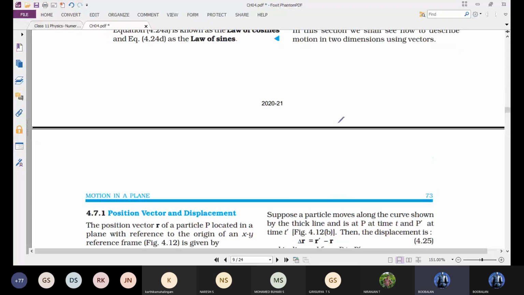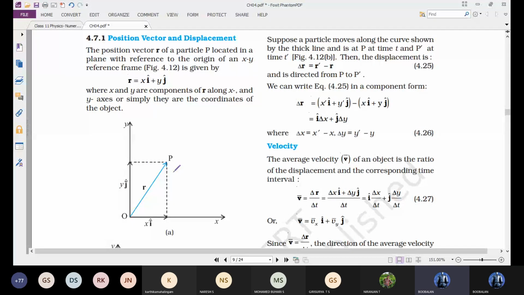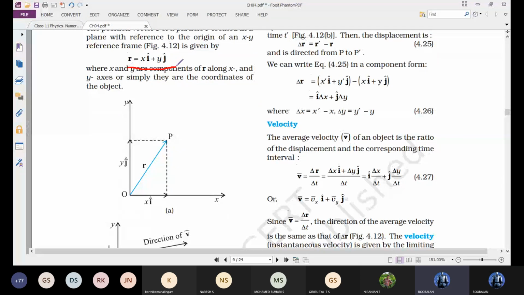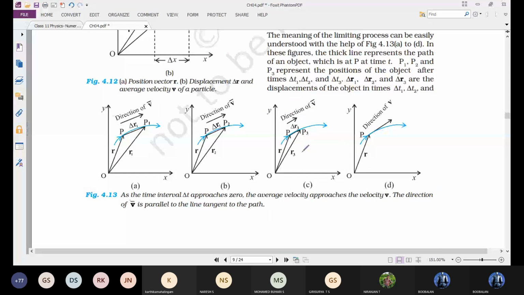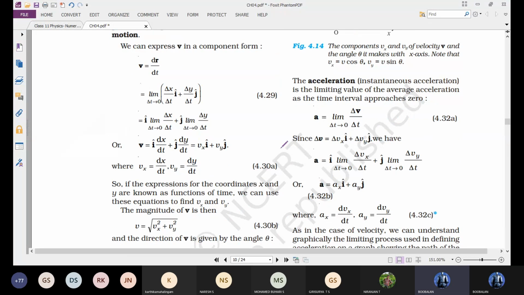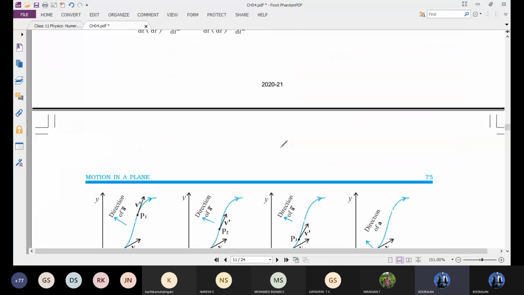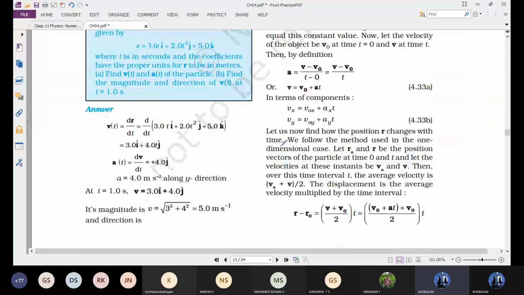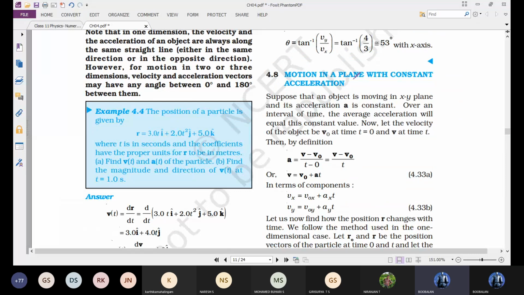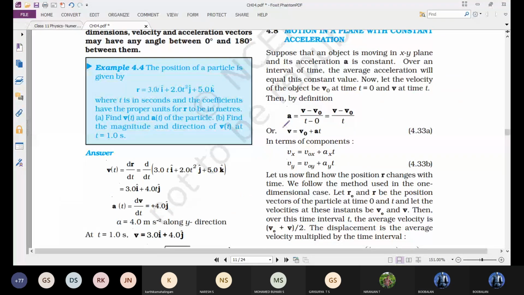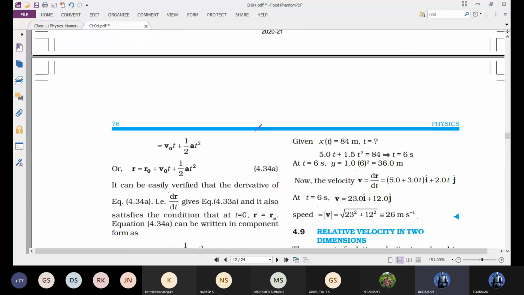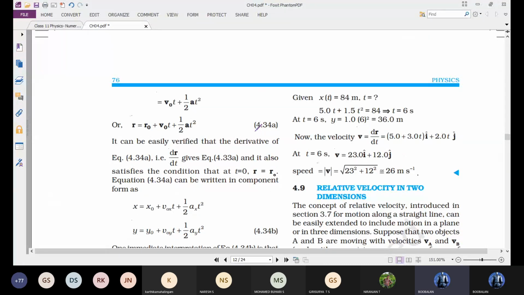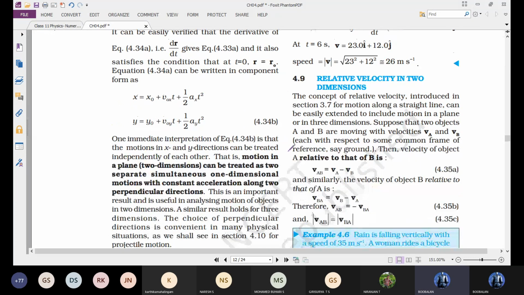Motion in a plane: position, then velocity, next acceleration, how it changes, x formula, r formula, instantaneous acceleration. The motion in a plane with constant acceleration, the three formulas: v is equal to u plus at, s is equal to ut plus half at square, v square equal to u square plus 2as. In this relevant also, relative velocity we'll discuss.